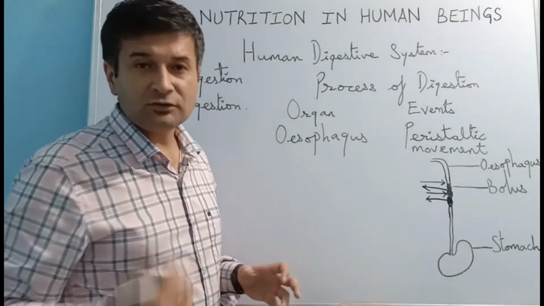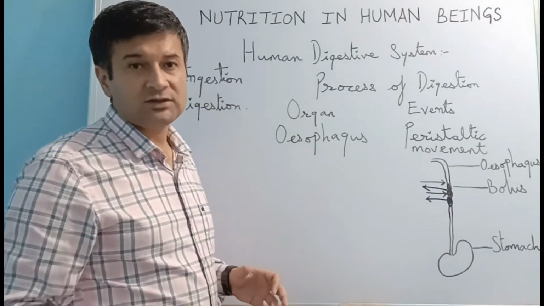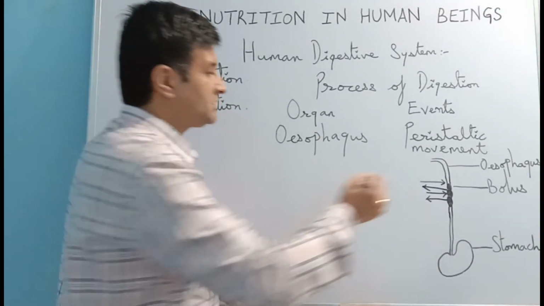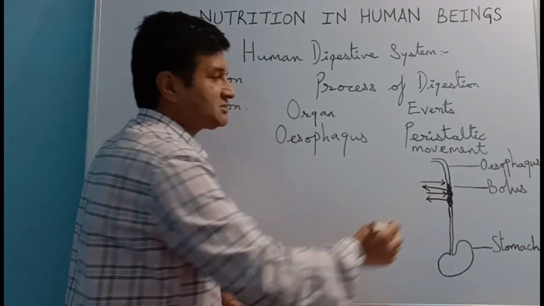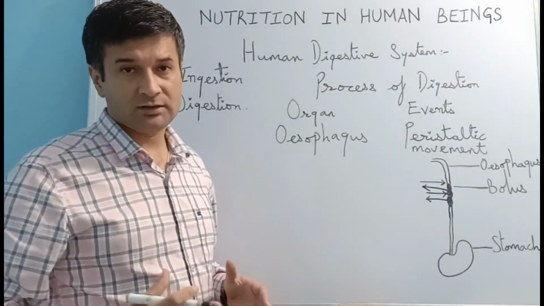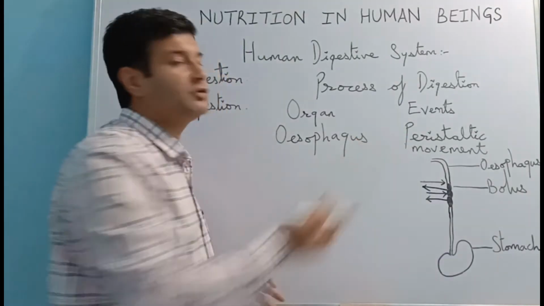So this continues along the gut, pushing the food further forward. Here there is contraction and relaxation in a rhythmic manner. So this type of movement is known as peristaltic movement.